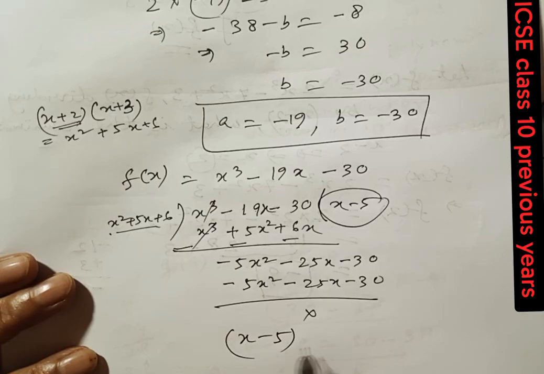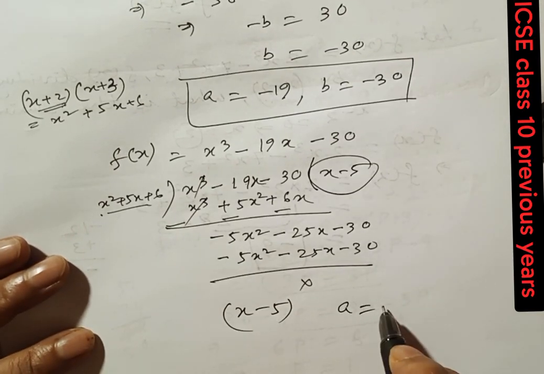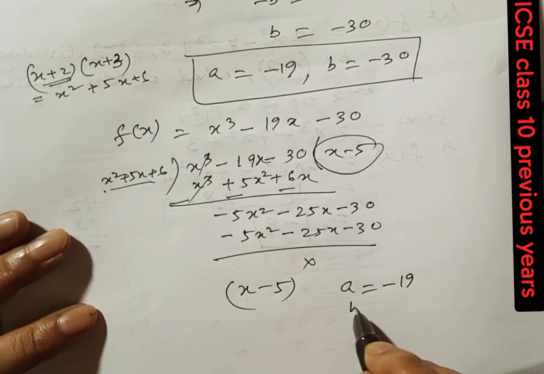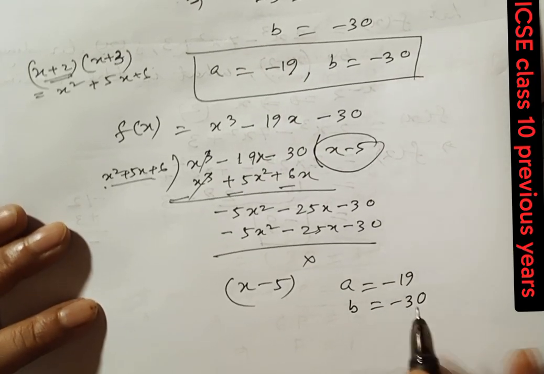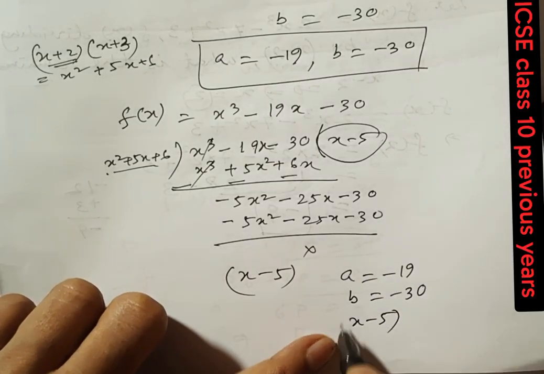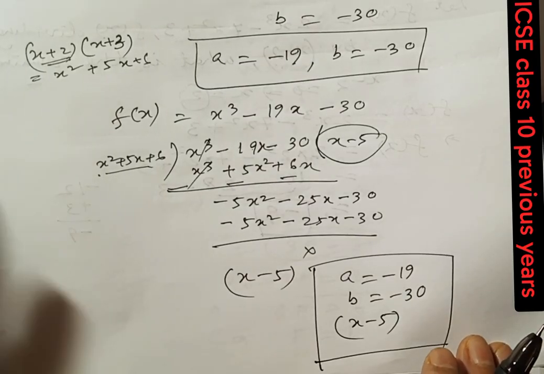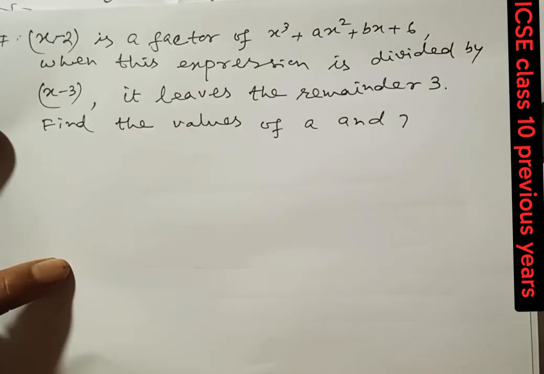So our answer is a equal to minus 19, b equal to minus 30, and the third factor is x minus 5. This is our answer. This is an ICSE question from previous years.